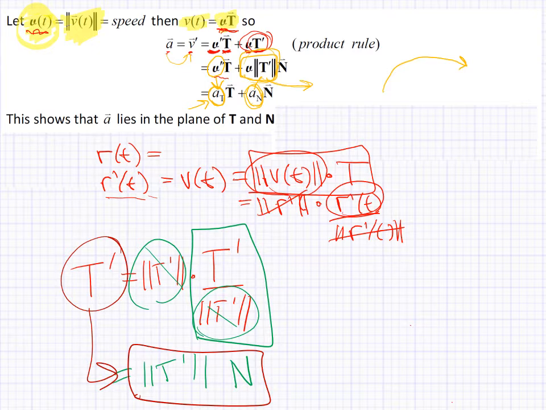If we decompose the acceleration vector into essentially the sum of these two vectors, and that's really what this is, then if you take a close look, this is looking at the acceleration as the sum of two vectors, the unit tangent vector and the unit normal vector. And these coefficients in front are going to help describe those changes a little bit better. Well, think about what happens when you add two vectors together.